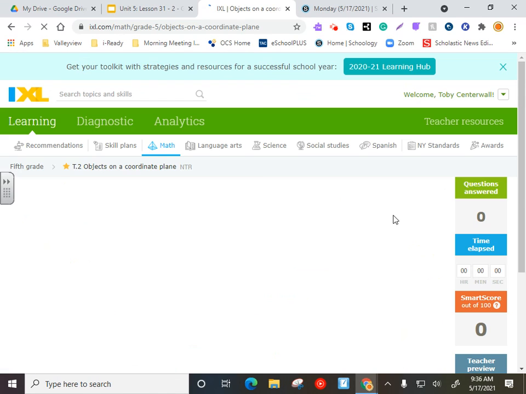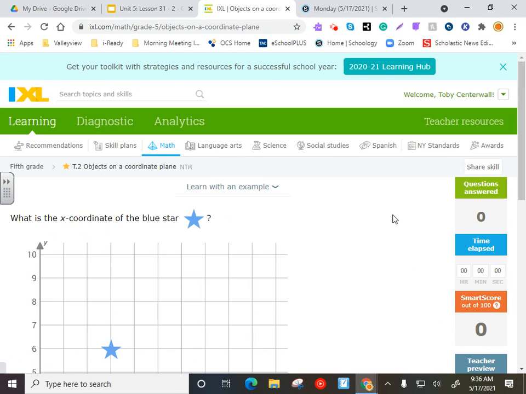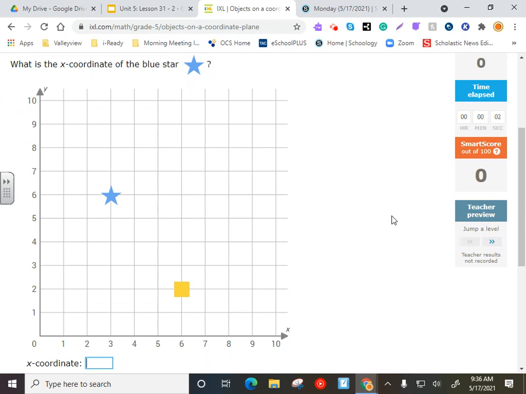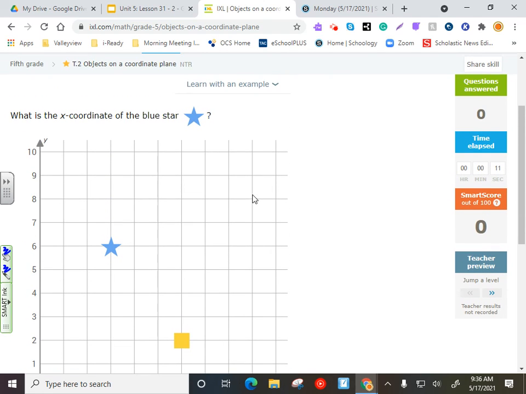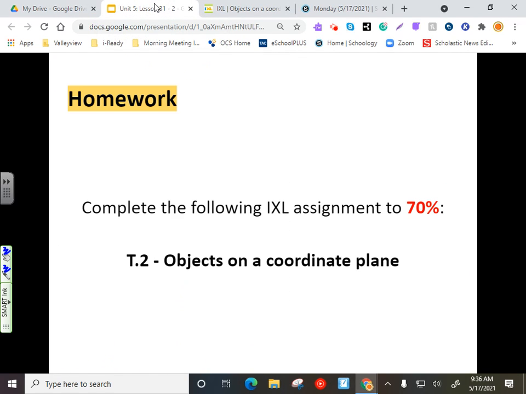You'll see objects like stars and squares or whatever shape, and you just have to say what the x and y coordinates are. There's plenty of space there to do it. Or it may just ask, in this case, what's the x coordinate? It may not even need the pairs itself. So let me know if you need any help with that, and I'll be sure to sit down and work with you. Thank you.